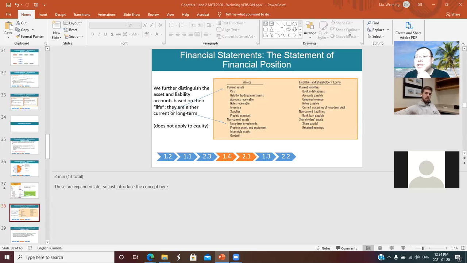So you tell me which one is the current asset, the male or the female? Some said in the chat, the male. Yes, because those birds will be sold within a year, a short period of time, and you can convert the birds into cash, right? Those are the current asset.